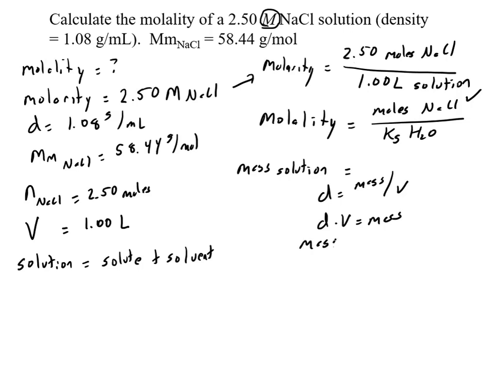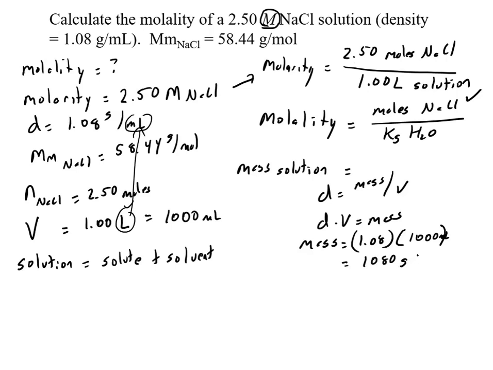So mass is going to be equal to the density, which was 1.08, times my volume, which was 1.0. Oh, that doesn't look right. This is in grams per milliliter. This is in liters, so it has to be in the same unit here. So that is 1,000 milliliters. So that gives me 1,080 grams of solution.